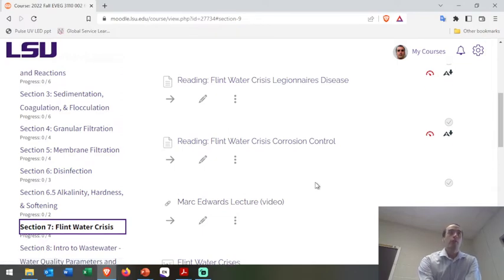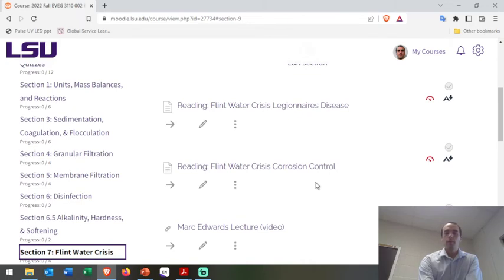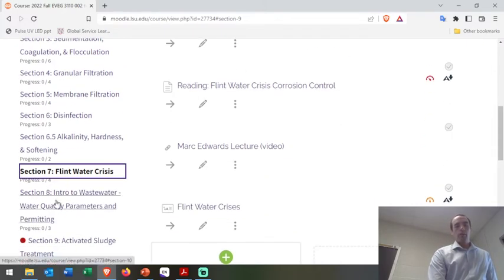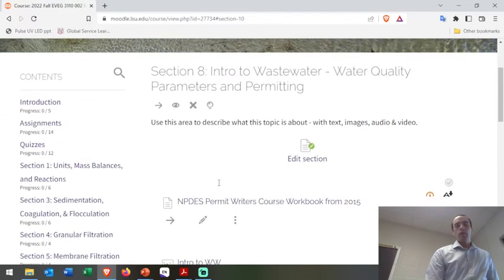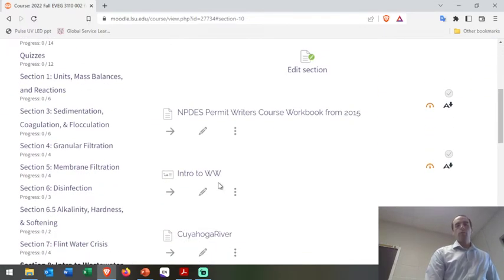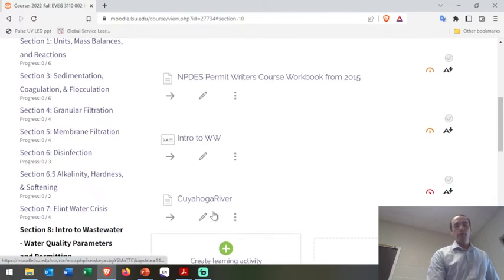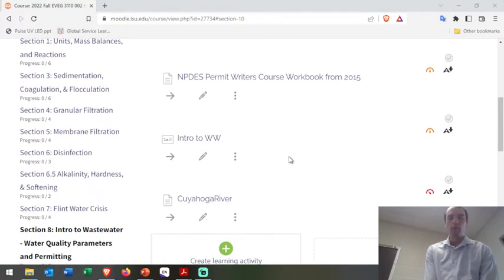It's very interesting, a very different perspective than what I was able to give. Then a couple of papers from his group that are quite insightful and useful, I think. Then here in this wastewater section, here's this permit writer's workbook. This was their 2015 version, so perhaps there have been a few updates since then.